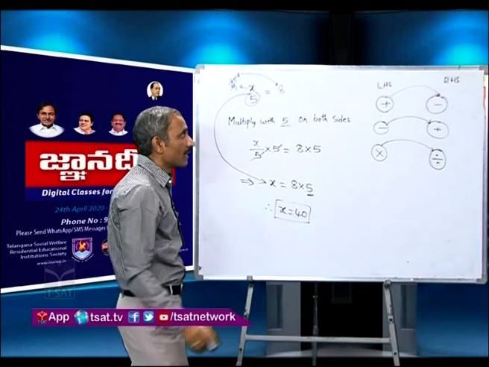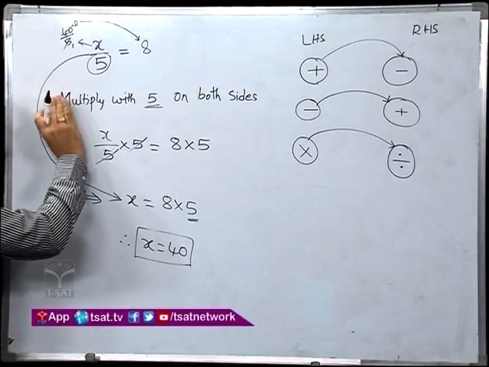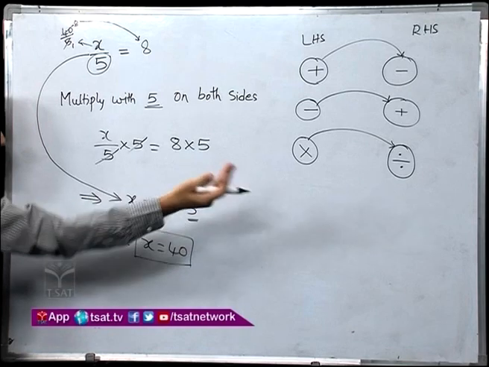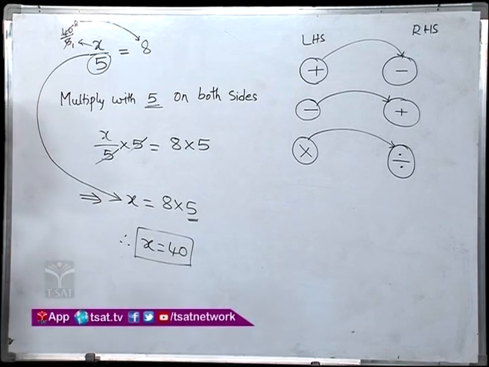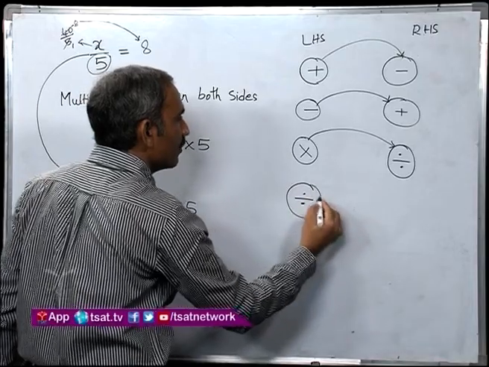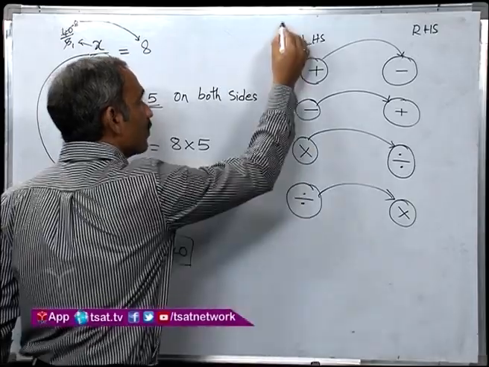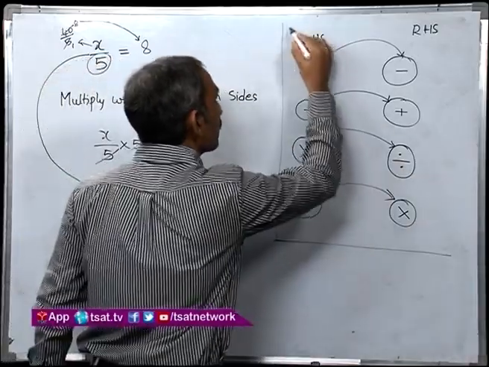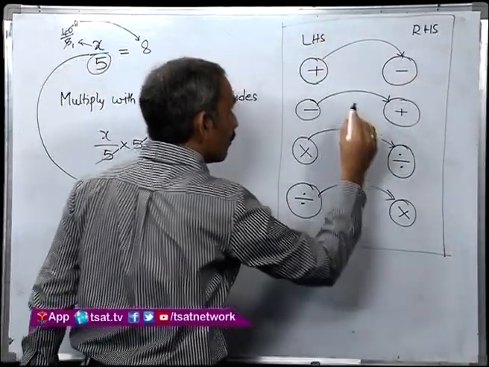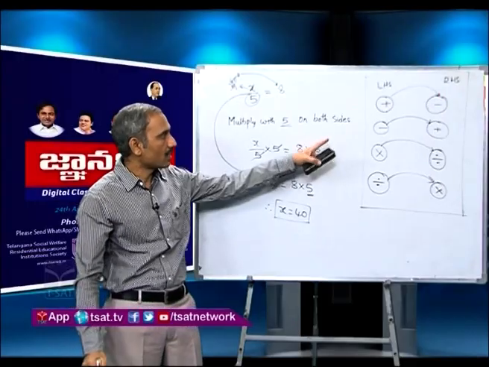Am I right? That means if there is a division on one side, if it is transposed to the other side, then it will become a multiplicative quantity. That means this division will become multiplication. Right? You have to remember this. And I think you know well how we got these rules. These are called transposing rules.